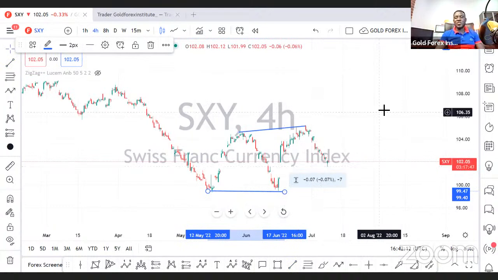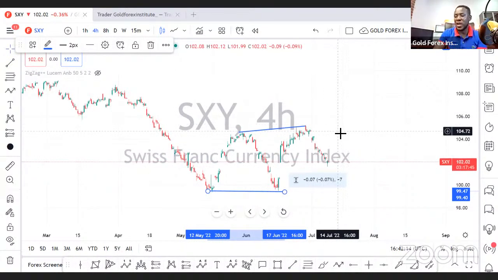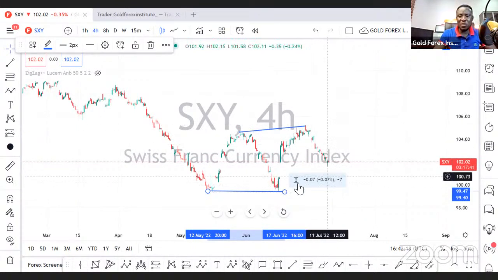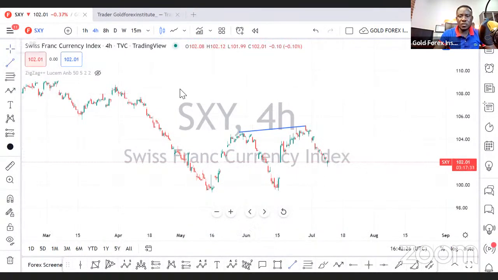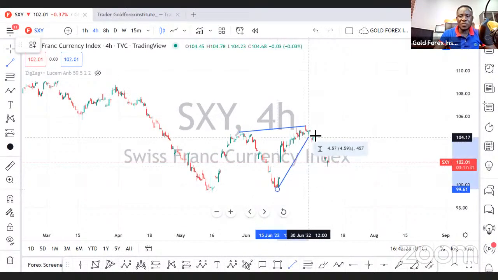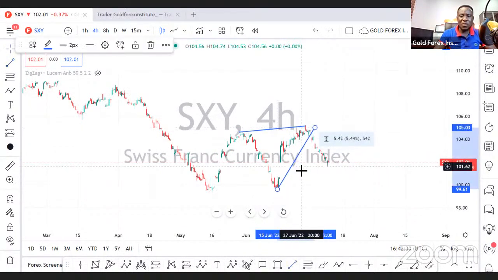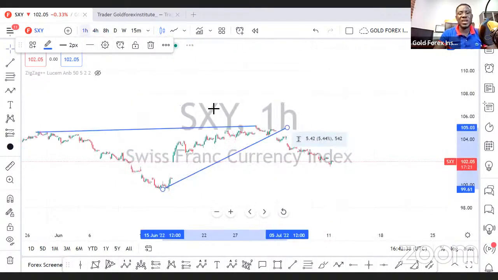Now, after this move, what happened was that we saw a downward move of this pair. So I caught this move from the top. The reason I got to know that this move was falling was when it gave us an ending diagonal.